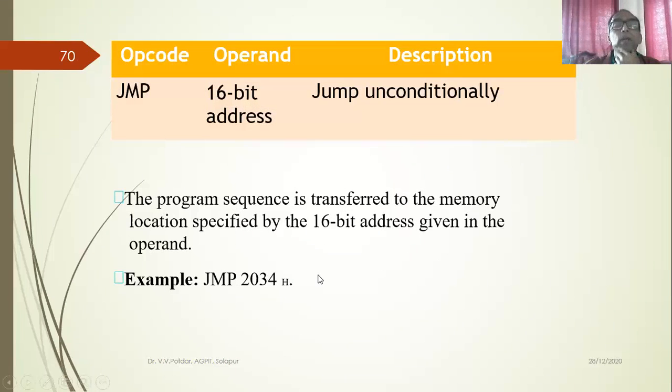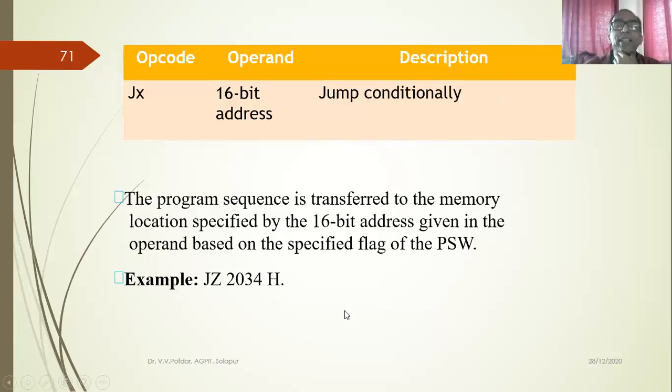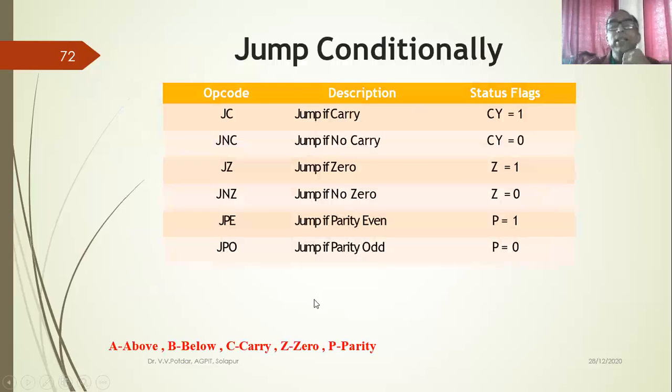The opcode is JMP, operand is 16-bit address, description is jump unconditionally. Then Jx is jump conditionally. So we have jump if carry, JC, jump if no carry, JNC, jump if zero, JZ, jump if not zero, JNZ, jump if parity even, JPE, jump if parity odd, JPO.